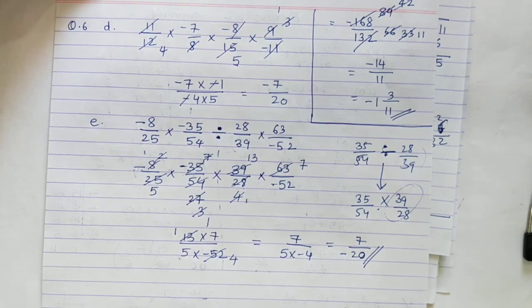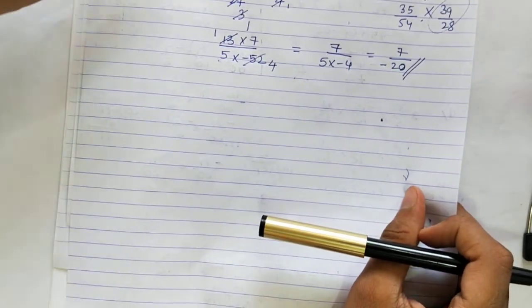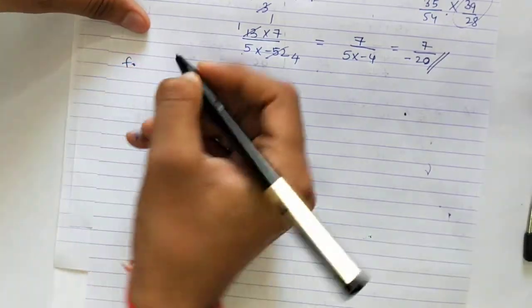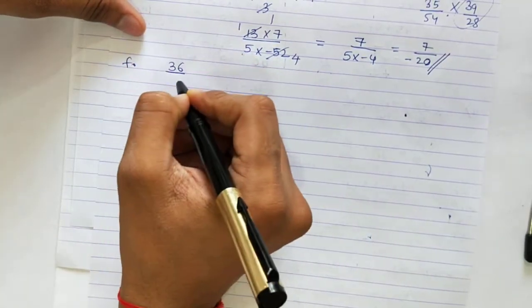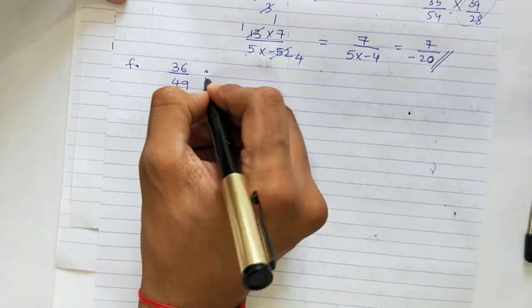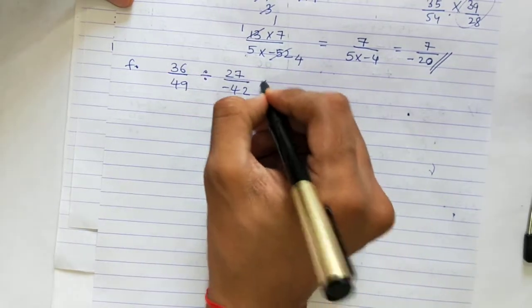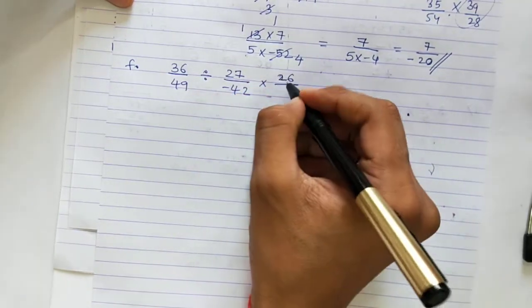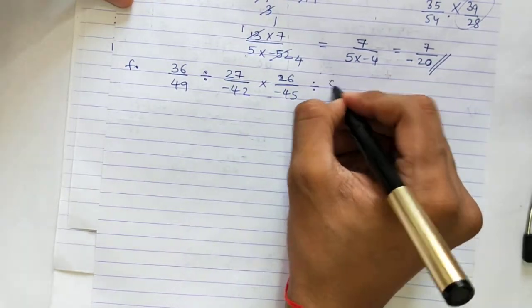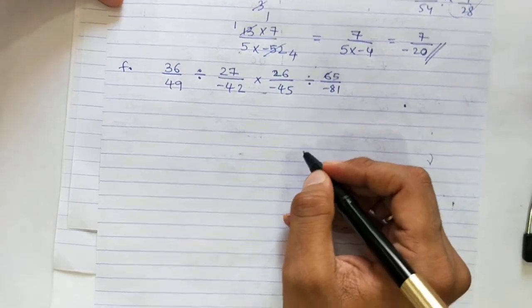Pause the video and copy the sum. I'll do the next one, last sum. It is also of the same concept where you have division sign. 36 upon 49 divided by 27 upon minus 42 into 26 upon minus 45 divided by 65 upon minus 81.